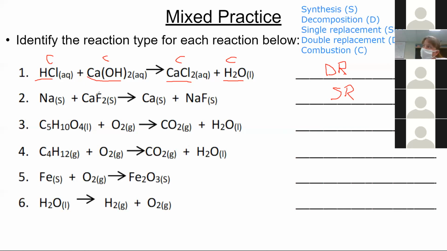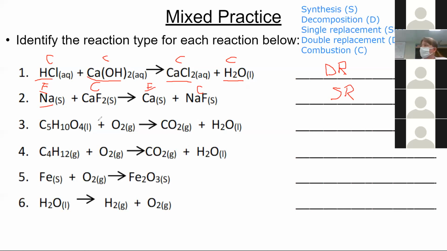Only 2 compounds? 2 compounds, a compound on each side, and what else is on each side? What is Na? Is Na a compound? An element. It's an element. Okay, so single replacement is an element and a compound on each side of the arrow.